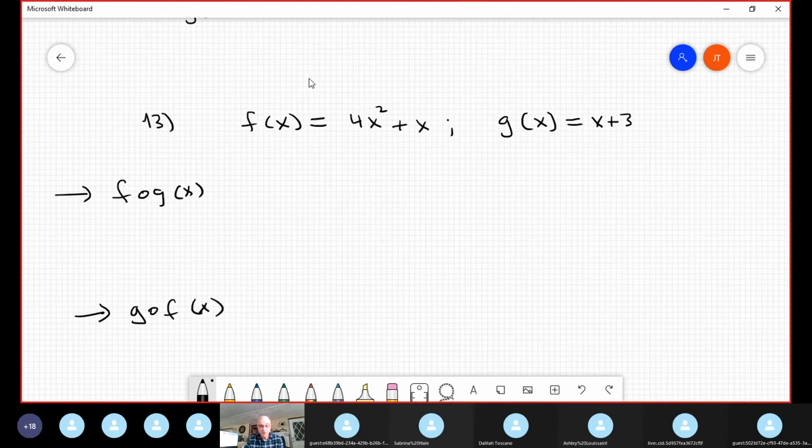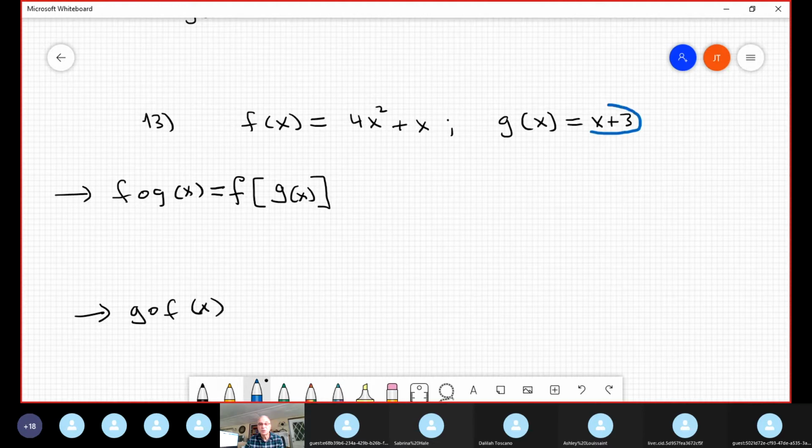Remember, the composition is one function inside another function. Another way to see it, another point of view, is f of g of x, because g in this order is the first function. So the g expression is this.